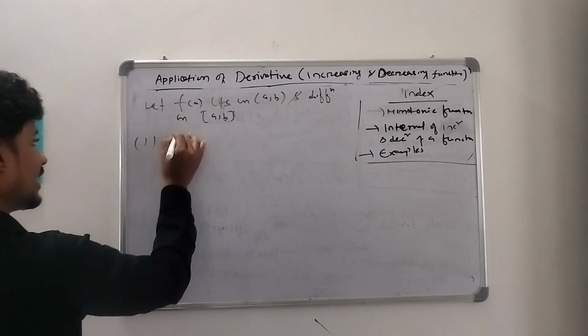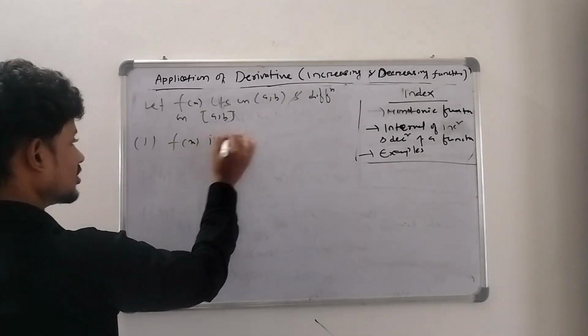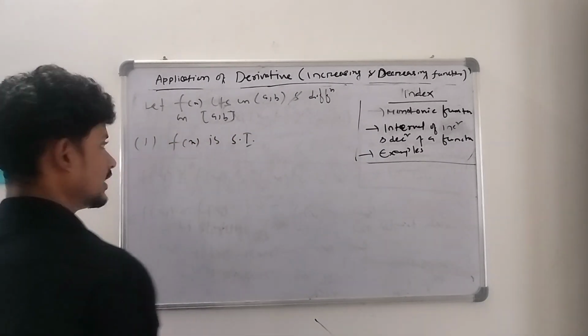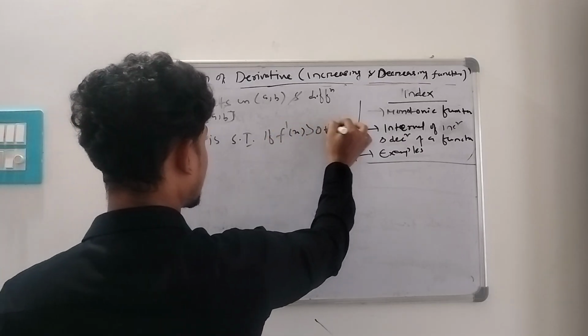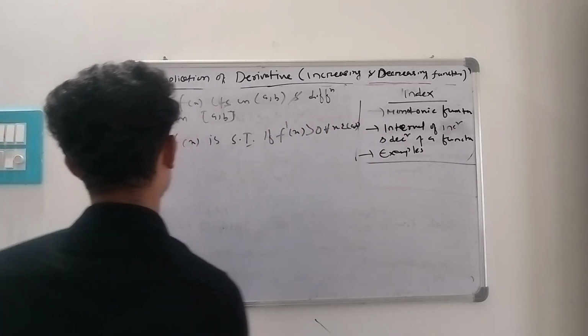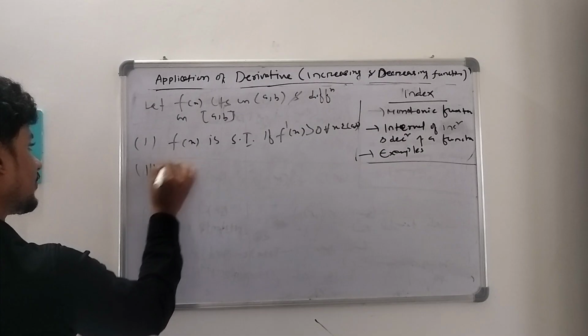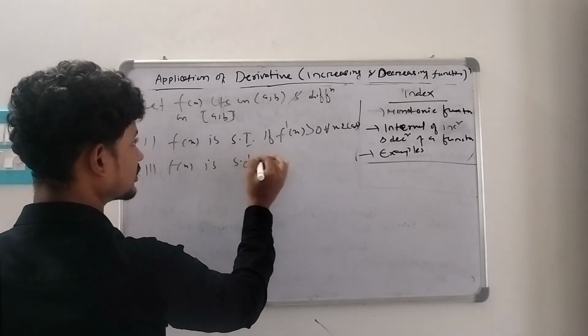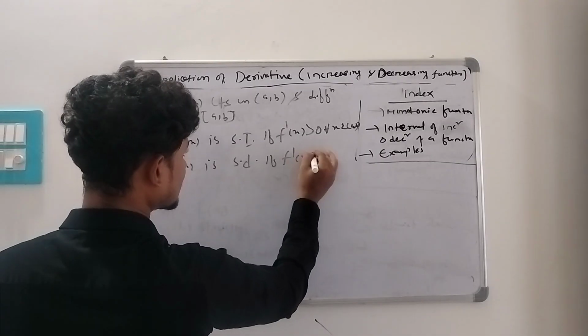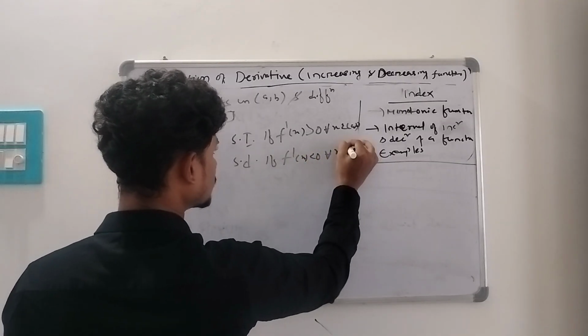Then f of x is a strictly increasing function if f dash x is greater than 0 for all x belonging to the open interval ab, and f of x is a strictly decreasing function if f dash x is less than 0 for all x belonging to ab.